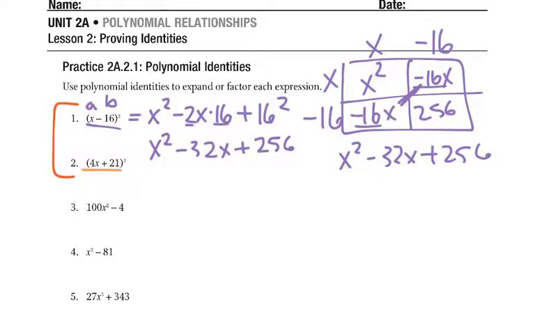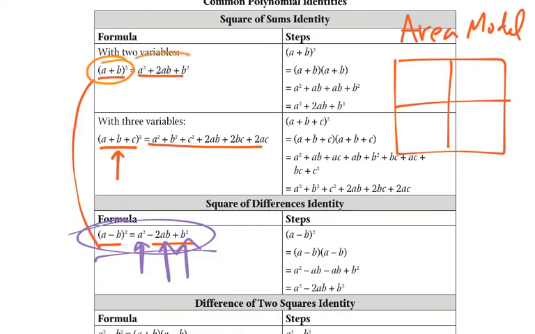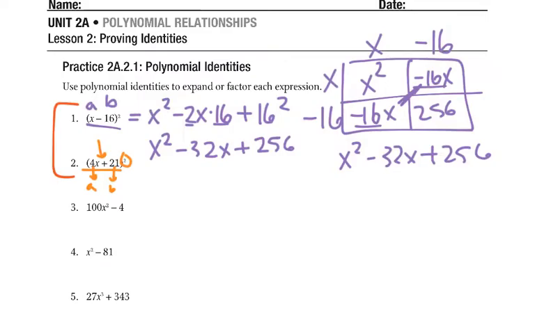Now, we look at number 2, we've got a square here, and we've got plus. So 4x would be like a, 21 would be like b. So for this one, we just do a squared plus 2ab plus b squared. So I'd go 4x squared plus 2 times 4x times 21 plus 21 squared.